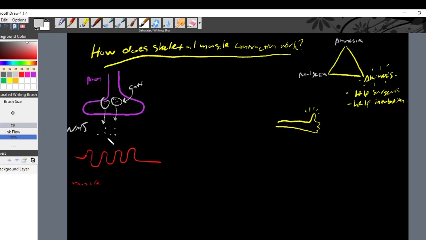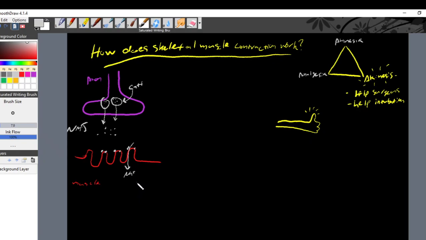Once released, these specific neurotransmitters will bind to receptors at the muscle, which will effectively open up these channels and allow for entrance of positive cations such as sodium to enter the muscle.